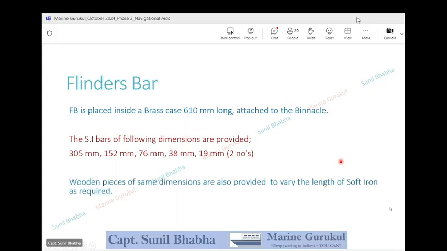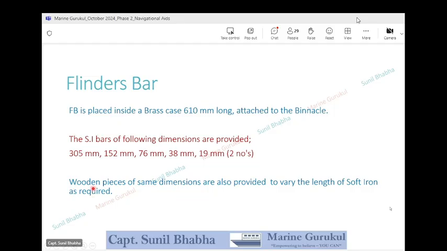So this is the approach behind providing the pieces. Now, how are these pieces utilized? When a Flinders bar is supplied on the ship, along with these soft iron bars of these dimensions, a complete set of wooden pieces of the same dimensions are also provided.